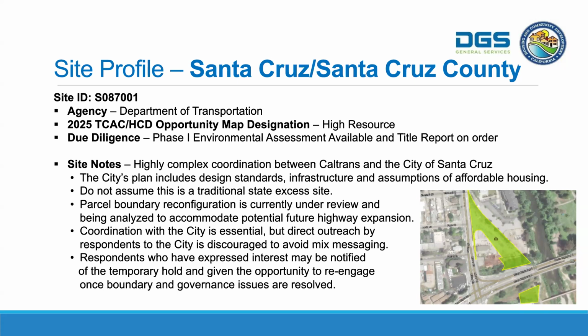The city has done a lot of planning around this, and it includes design standards, infrastructure, and assumptions of affordable housing on this site, and it's beyond just the yellow sites that you're seeing on the slide here. The city has assembled a number of sites surrounding both the diagonal parcel and the surrounding area, and done their own master planning on this site. So do not assume this is a traditional state excess site. It'll be some sort of collaboration between the state and the city.